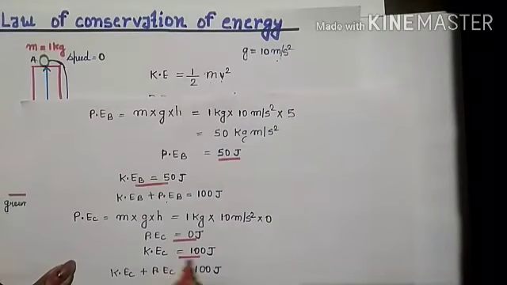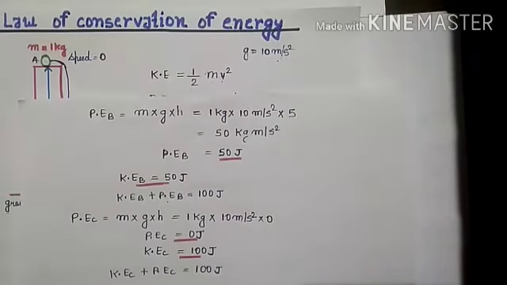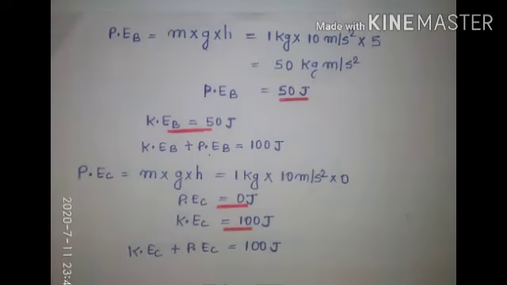Now in the third case at point C, where the height is 0, the potential energy is 0 and kinetic energy is 100 joule. In the third case also, the sum of potential and kinetic energy is constant, that is 100 joule. So we have seen that at every point the sum of potential and kinetic energy is constant.